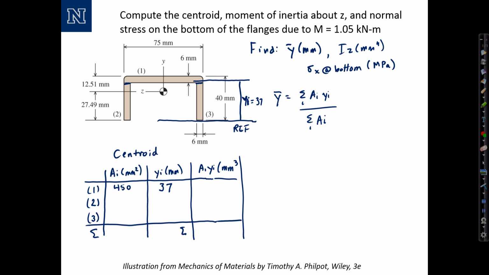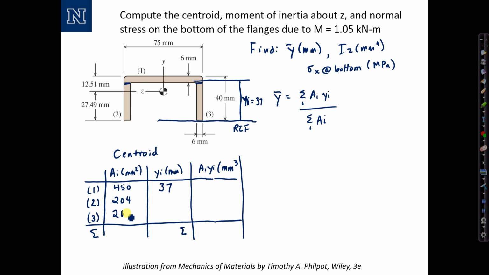Next, let's add the contribution for section 2 and section 3, which should actually be identical. The area of each of those sections is equal to its height up to this line here, which would be 40 minus 6, the thickness of the web. So 34 times the thickness, 34 times 6, equals 204.